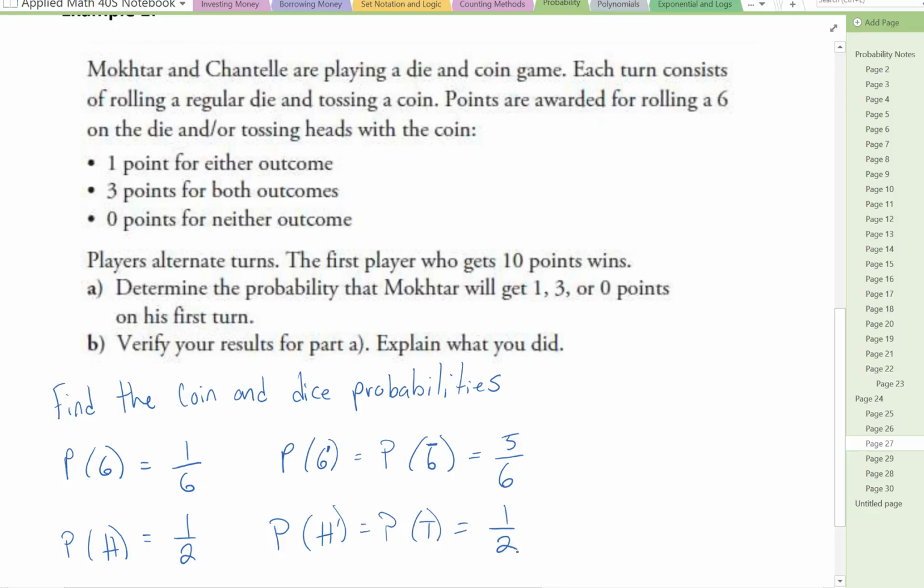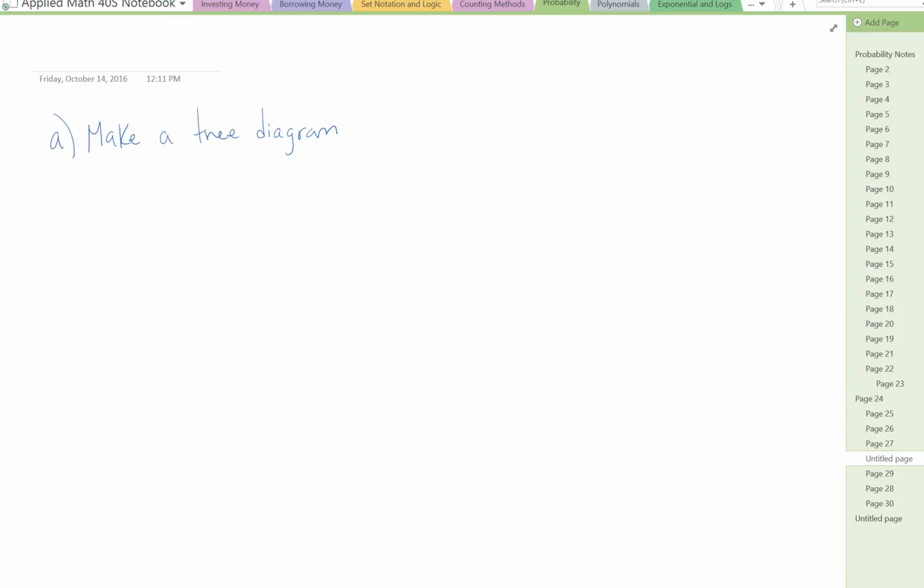So let's look at all the possible outcomes by drawing a tree diagram, and then we'll figure this out. First we're going to look at rolling a 6 or not rolling a 6. So here we have the probability of rolling a 6, which would be 1 out of 6. We already figured this out. And the probability of not rolling a 6, or rolling any of the other numbers, is 5 out of 6.